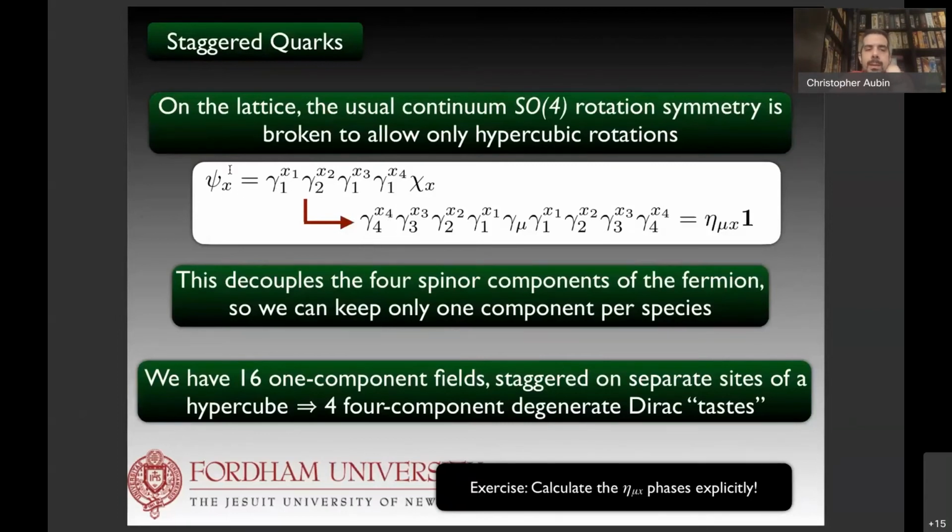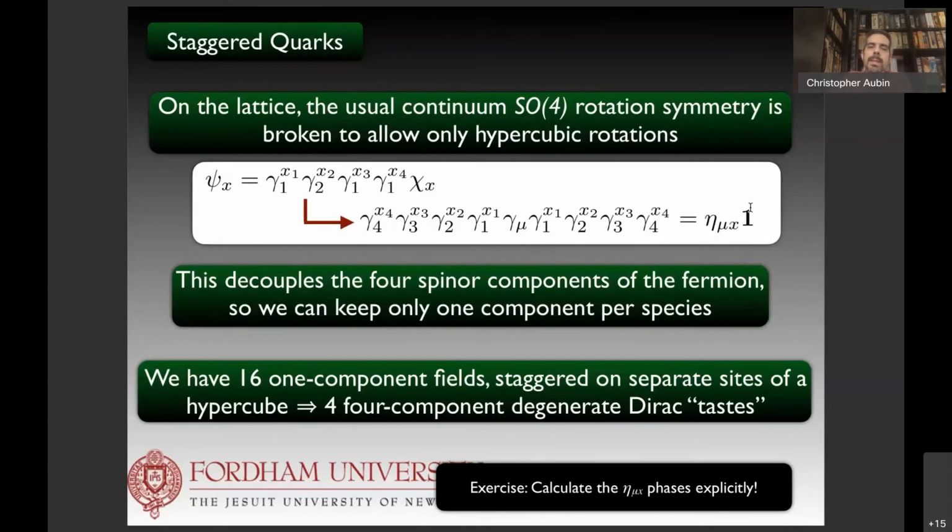If I replace my psi by chi with this particular spatial dependent factor, and I look at this term with the gamma mu in it, that's part of the kinetic term of our Dirac Lagrangian, or Dirac action. A little bit of work, which again is a nice little exercise you can do, shows that this is just going to be a phase factor, we call it. It's going to be -1 or 1. That's all it will be, depending on what mu is and depending on what the 4 vector x is, times a 4x4 identity matrix.